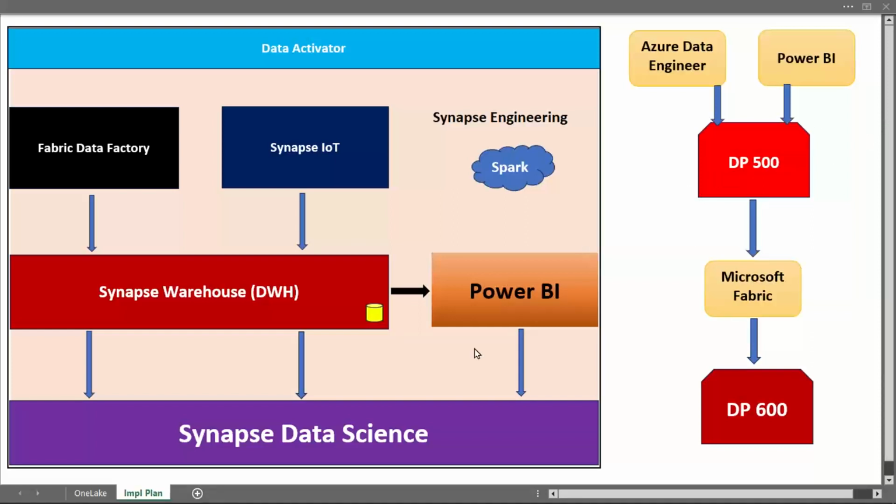And one important item, Synapse data science. From the Fabric and DP 600 perspective, we are going to learn Spark cluster management, the machine learning extensions and configurations in the Spark clusters, and AI enabling and artificial intelligence implementation configurations.